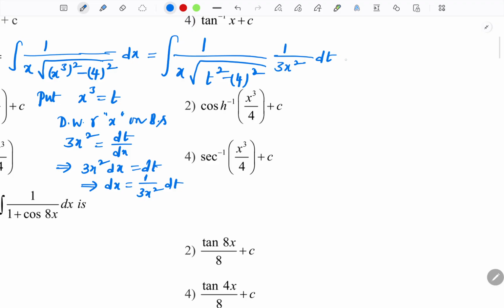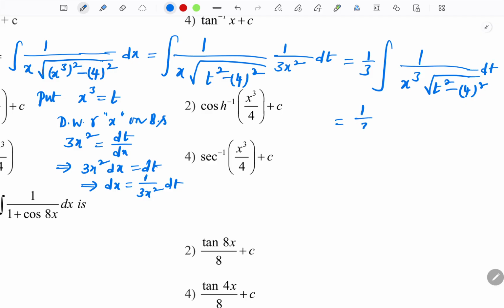Okay, then if I multiply those two, and also here 1 by 3 is a constant, right? Take it out. 1 by x cube under root of t square minus 4 whole square into dt, right? Then 1 by 3, already we know the x cube value, right? What is x cube?